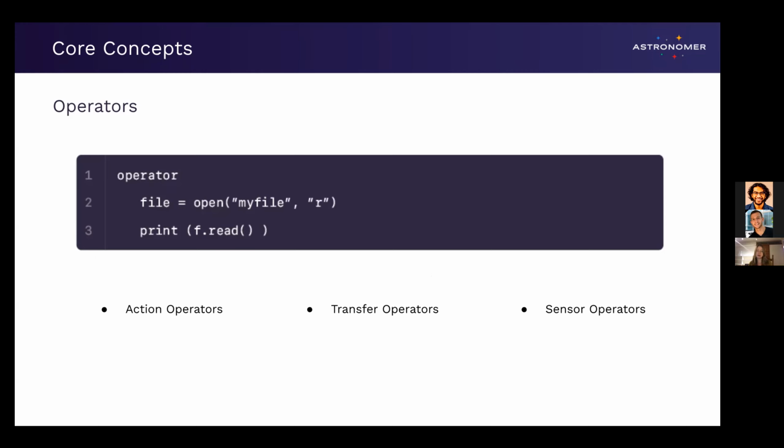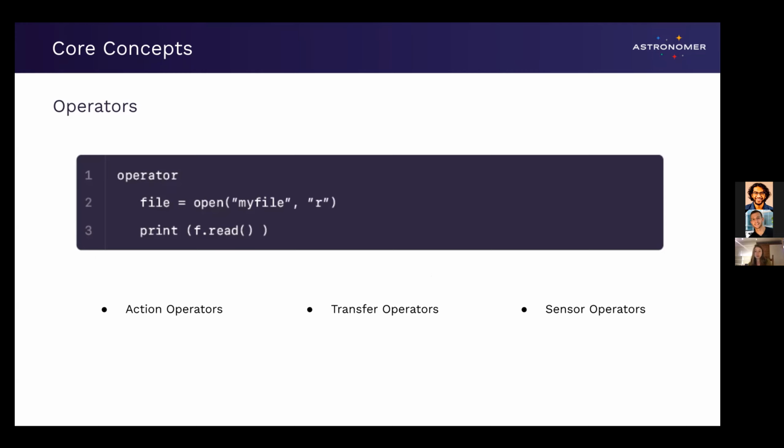Like Python operator will run a Python function, bash operator will run a bash script, things like that. You have transfer operators, which are more specialized, designed to move data from one place to another. So that might be like the S3 to Snowflake operator, things like that. We'll talk more about those specialized operators as I go through.